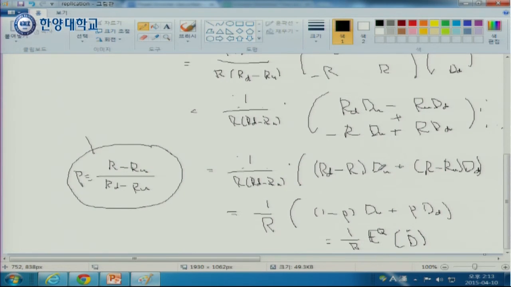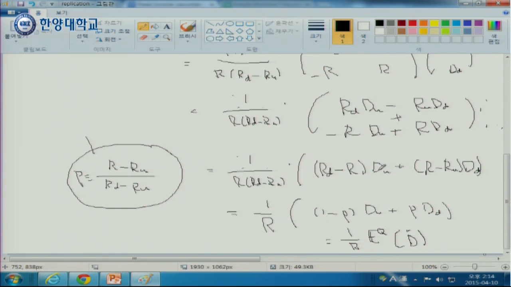And since people in a risk-free world do the valuation by calculating the expected value and discounting everything with the risk-free rate, this kind of calculation is like assuming that we are in a risk-neutral world and doing the valuation. So this kind of approach is called risk-neutral valuation.